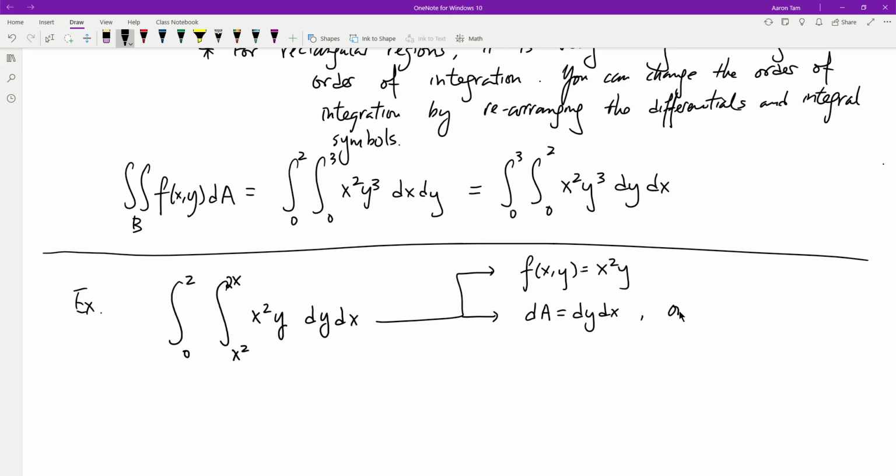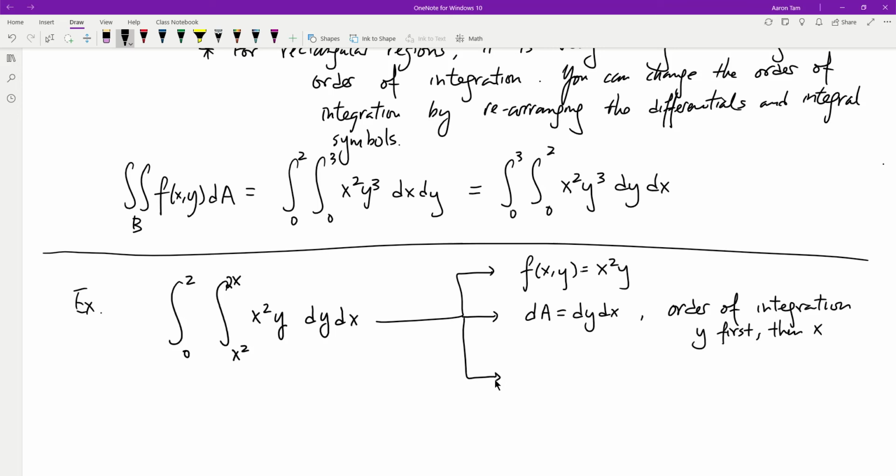That establishes what we call the order of integration: in this case, y first, then x.